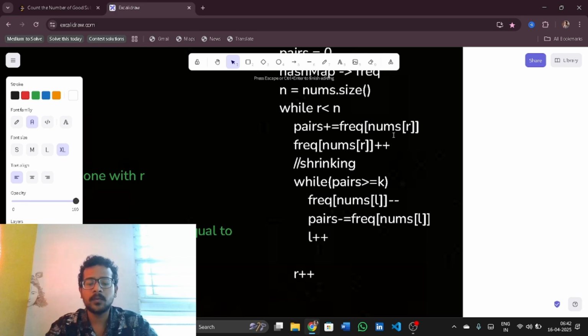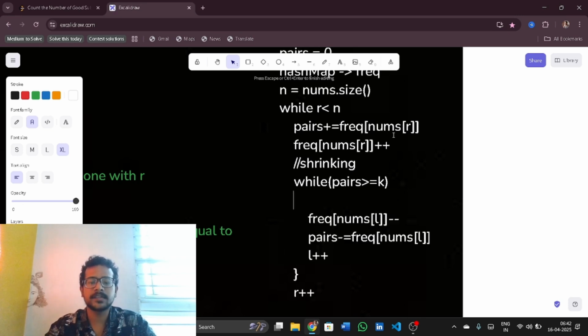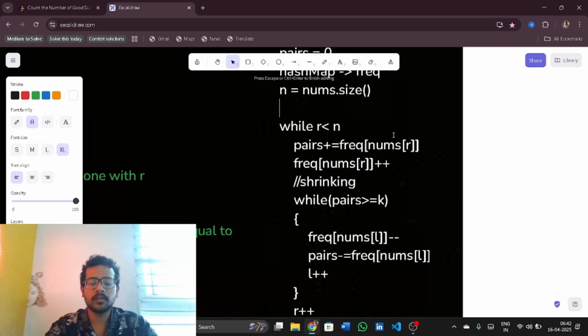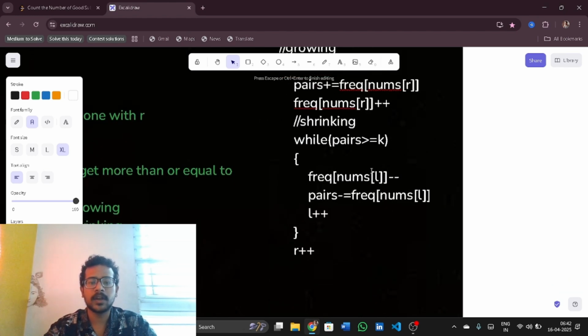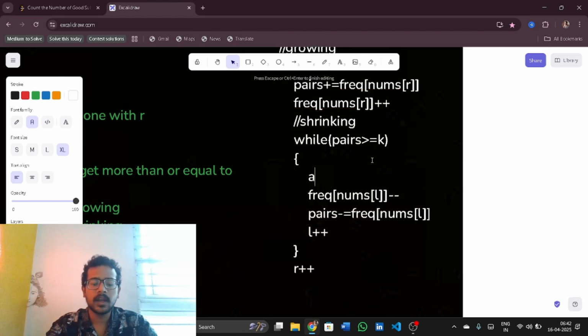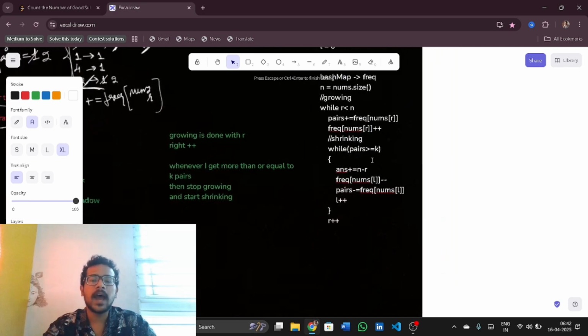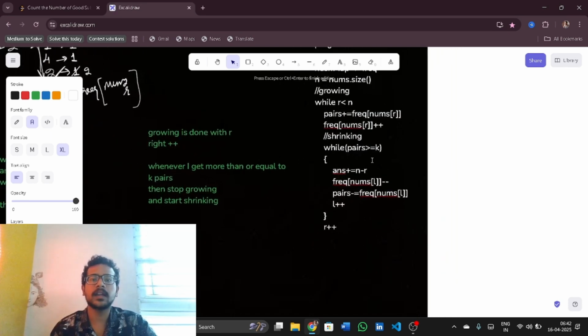So this is how we solve this problem. But if you didn't understand this algorithm, let me do a dry run here. So here we are growing our sliding window. After R plus plus, but before that, answer plus is equal to n minus R. As I said, I will add all those subarrays which are having at least k pairs, right? So at the last we'll return our answer.